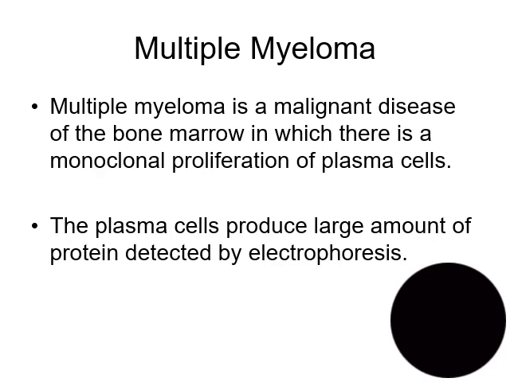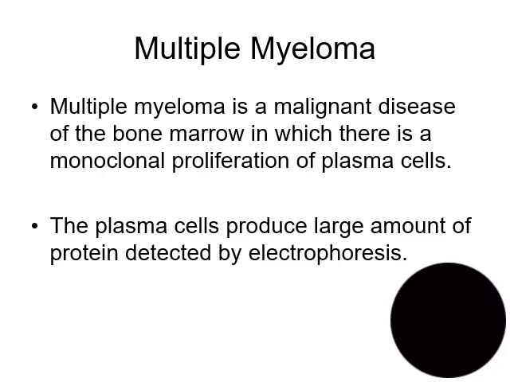As I told you in the last lecture, proteins travel based on their net charge. The net charge is determined by the amino acids constituting the protein. So every protein has a net charge, and when the protein is monoclonal in excess amount, you will see it as a sharp peak, and we call it a positive screening test for multiple myeloma.